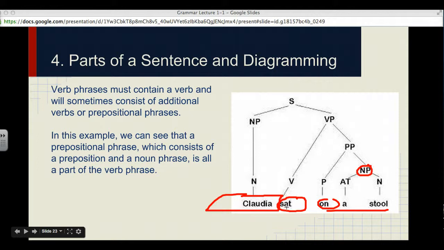We'll get into some of the difference between adjectival and adverbial functions in lecture 2. If this is kind of confusing, just let it go in one ear and out the other, and just know that we'll come back and address this in more detail. But what you do need to know for right now is that a verb phrase is going to consist of at least a verb and then sometimes this extra information.